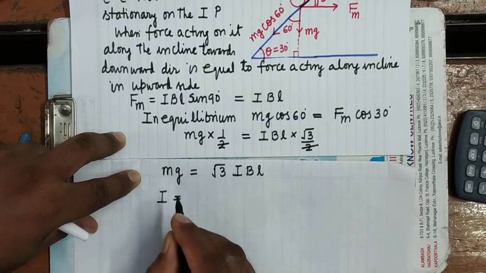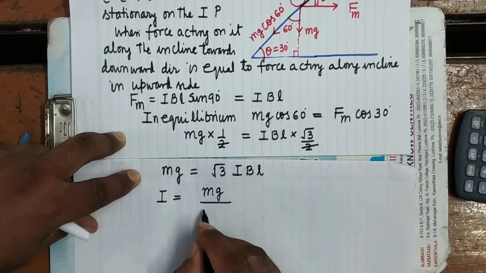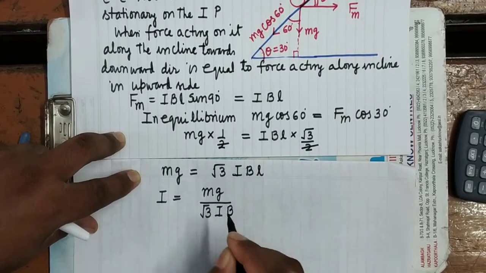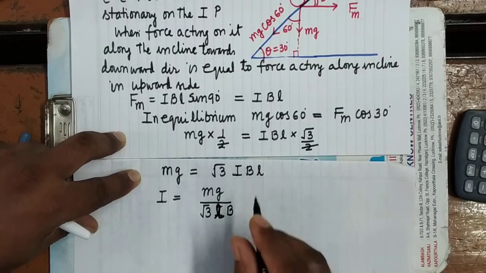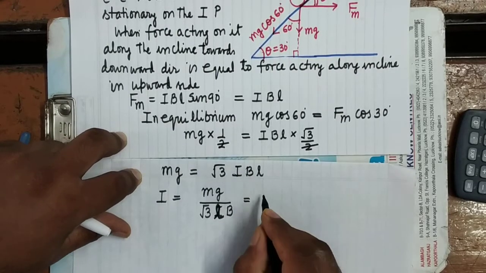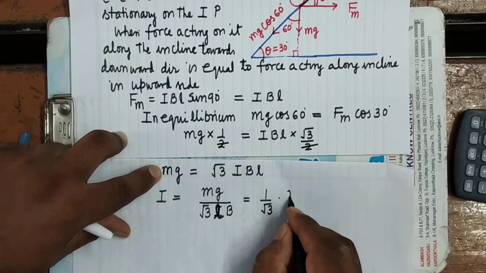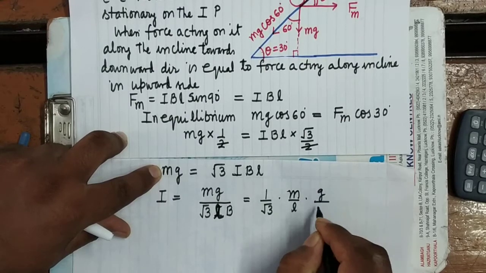I equals mg upon root 3 B L, because I you have to evaluate. So now you rearrange the terms: 1 upon root 3 into M upon L into G upon B.